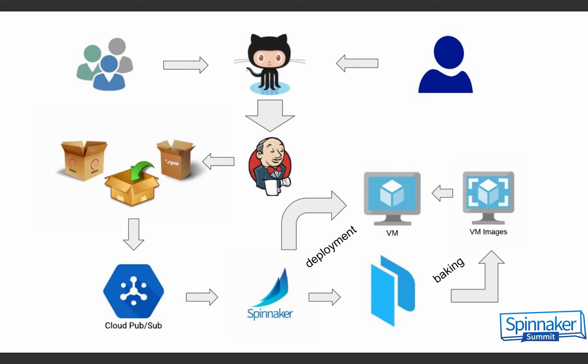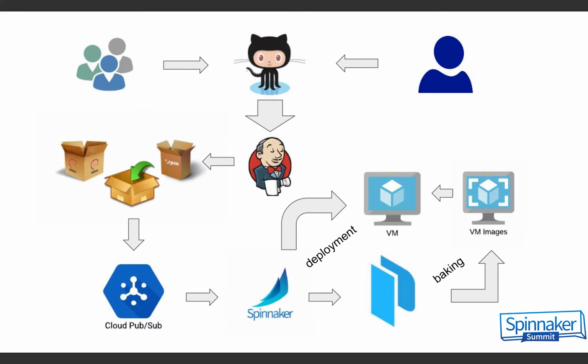So it gets merged into Git, and then it would kick off a job in your continuous integration system. Here we have Jenkins that will build all of that code into artifacts and store them in an artifact store. And then the event will generate a pub/sub event and can trigger Spinnaker based off of that.